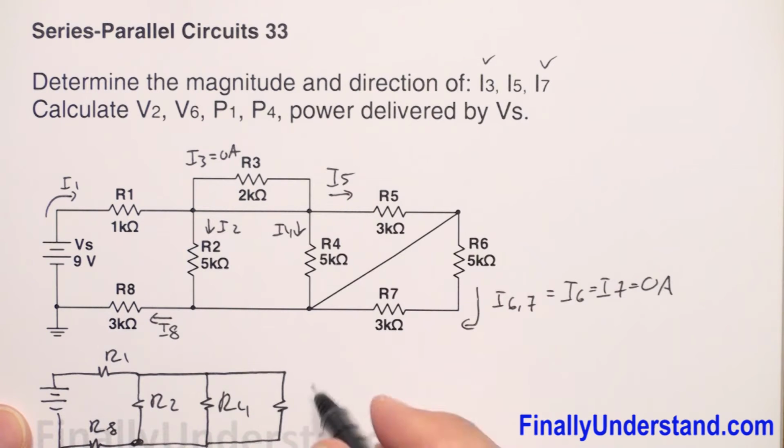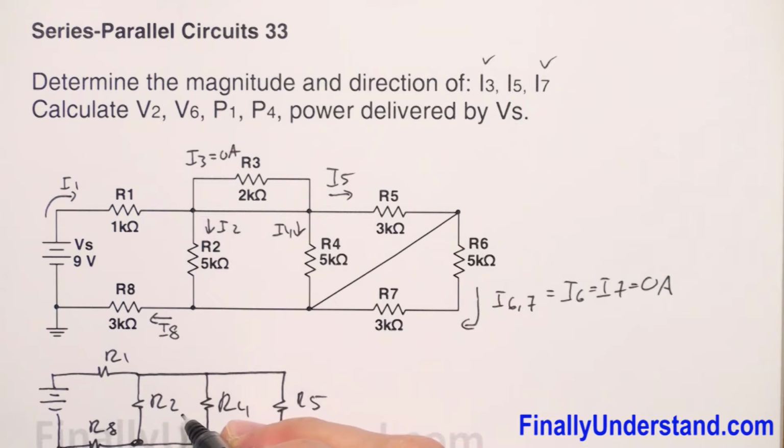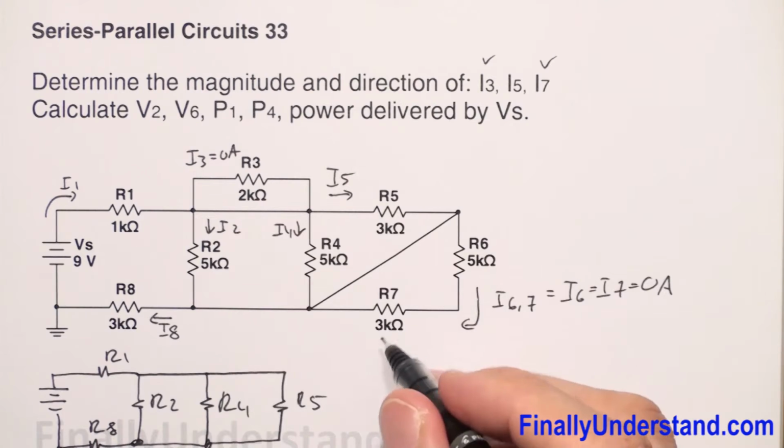So this is how my circuit looks. As you can see, resistors R2, R4, and R5 are in parallel. So I'm going to find the equivalent resistance for these three resistors.